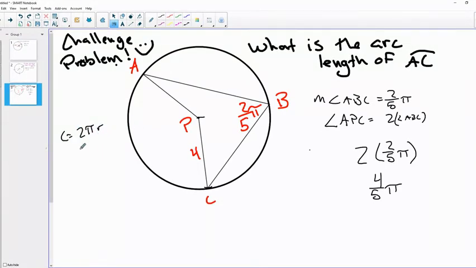Circumference is going to equal 2 times pi, and we know that our r is 4. Multiplying these together and simplifying, it's going to equal 8 pi. So this is our total circumference. We're not trying to figure out our total circumference, we're just trying to figure out the arc length between A and C.